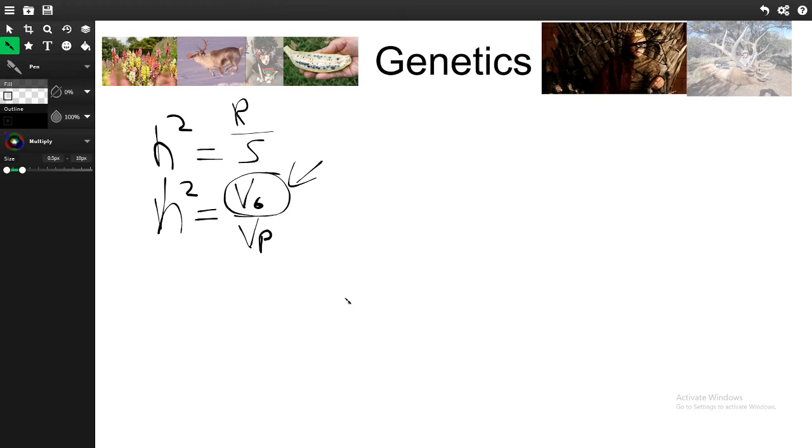While we're on the topic of environmental factors, because environmental factors play a role in phenotypic variance and thus heritability, the H squared value found can only be applied to the population in that particular environment.